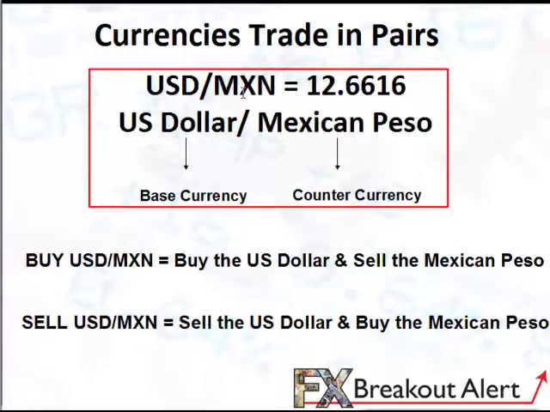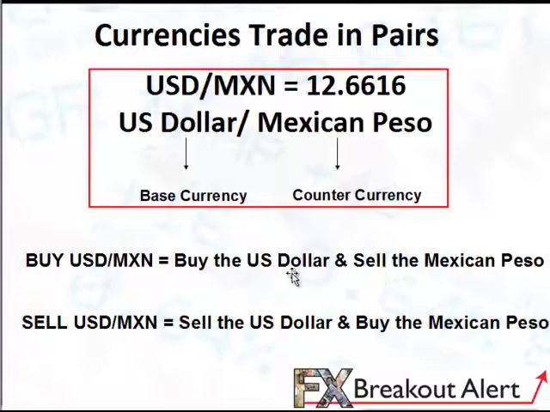So in every currency pair, you'll find the base currency, which is the first currency, and the counter currency, which is the second currency. So when you buy a currency pair, you're basically buying the base currency against the counter currency. And when you sell a currency pair, you're selling the base currency against the counter currency. In this example, if you buy the pair USD MXN, you are buying the US dollar and selling the Mexican peso at the same time.